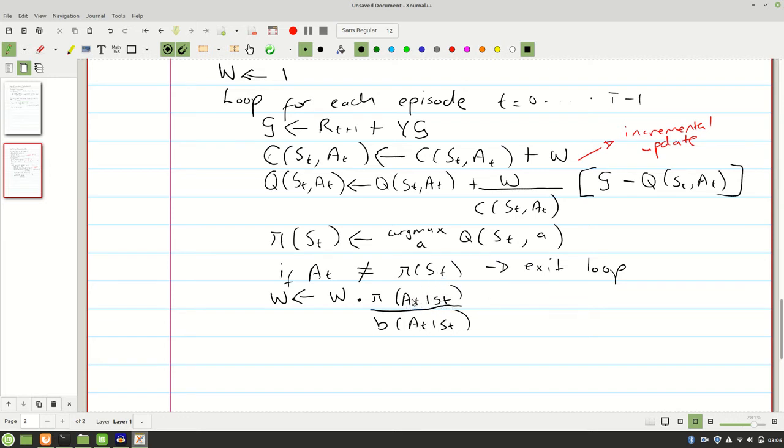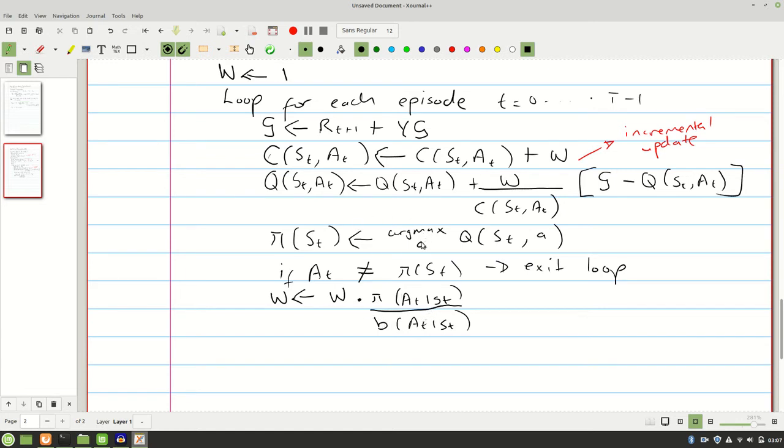As we are making those multiplications of these different probabilities of taking some action in a given state, one thing to note here is that the AT has to be the same. So the actions we're looking at from the behavior policy and the action we're looking at from the target policy have to be the same, which is why if for some reason they end up being different, then we need to break, because we can no longer update this current state action pair using this weight. Insofar as they are the same, then we can continuously update this.